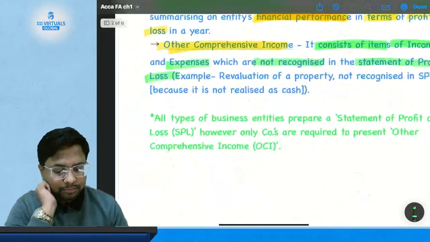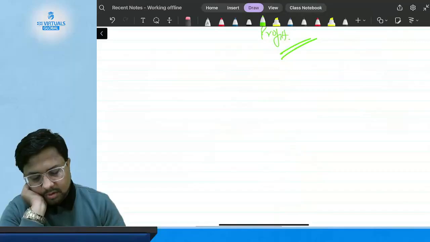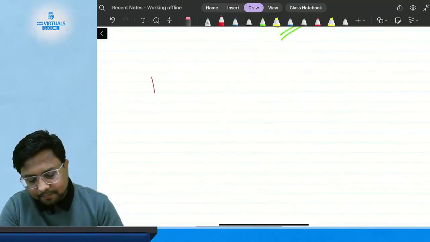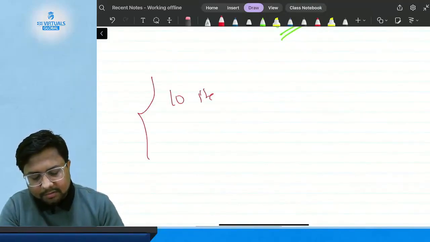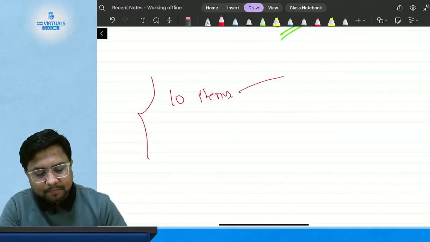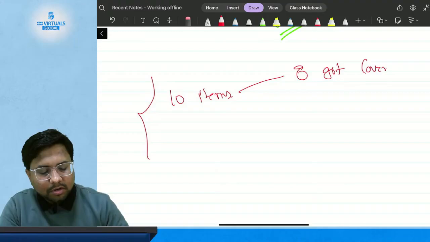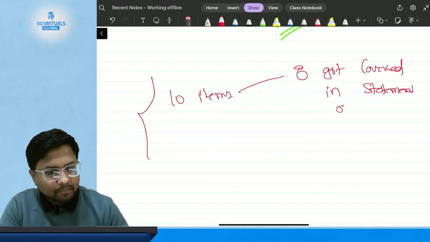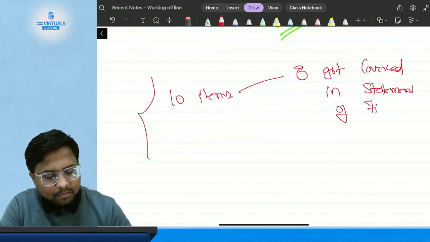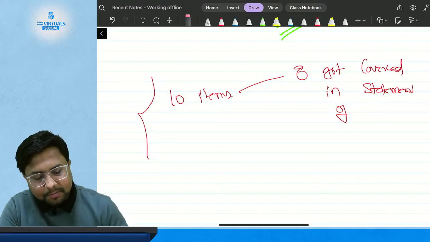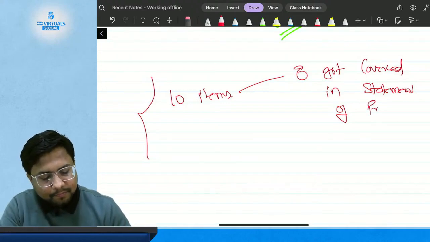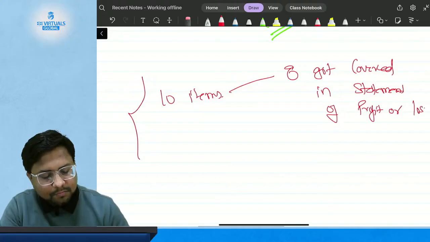So suppose there are 10 items. 8 got covered in the statement of profit or loss.